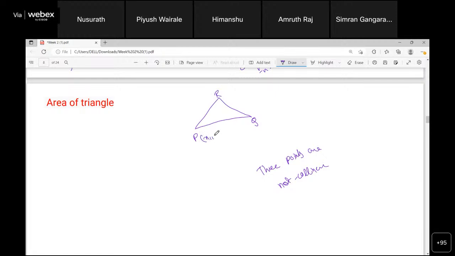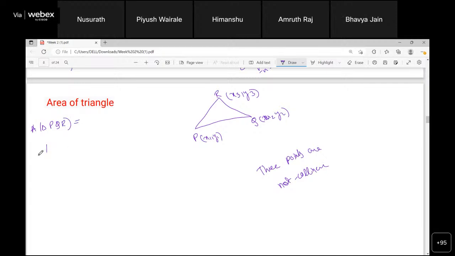This is P, Q, R. This is x1 comma y1. This is x2 comma y2, and this is x3 comma y3. Now, if I want to find out the area of a triangle, given that I have 3 coordinate points, right? I have 3 points, and coordinates are given to me. A simple formula is there. It is area of triangle PQR. Does anyone know what is the formula?